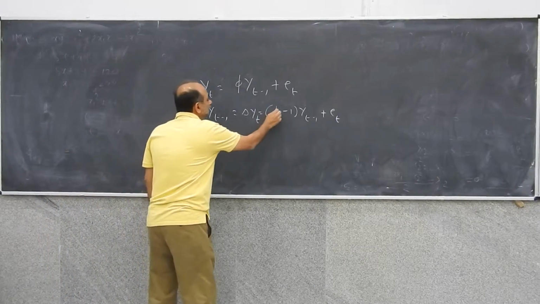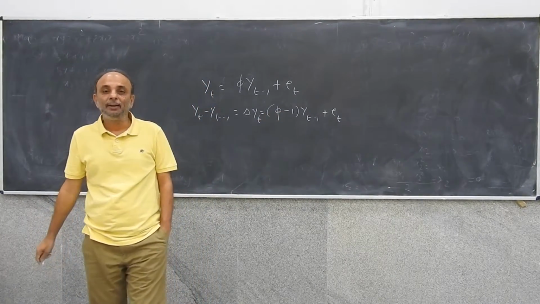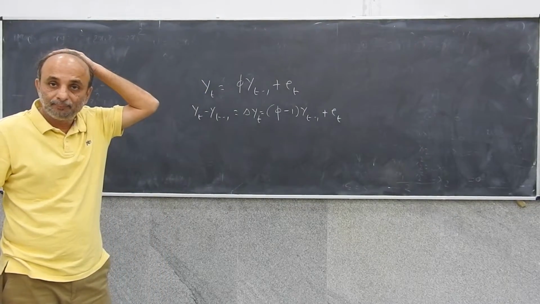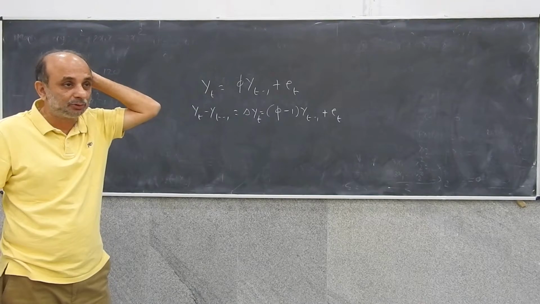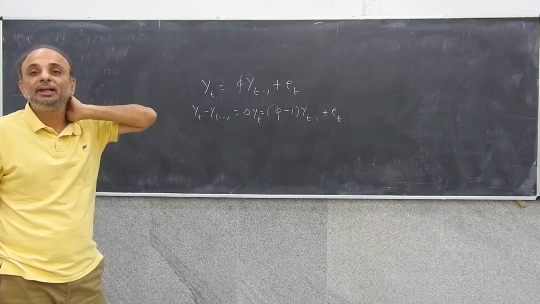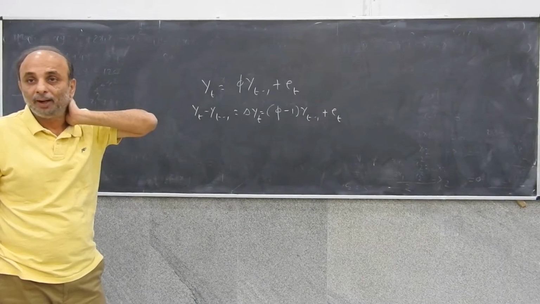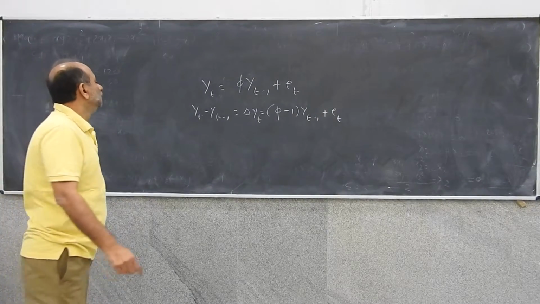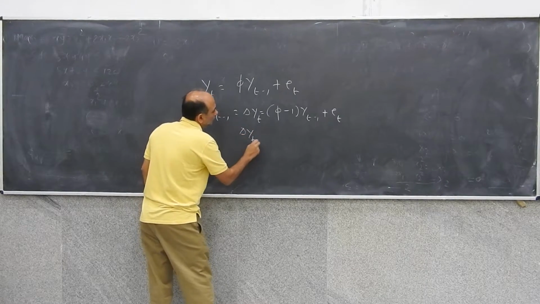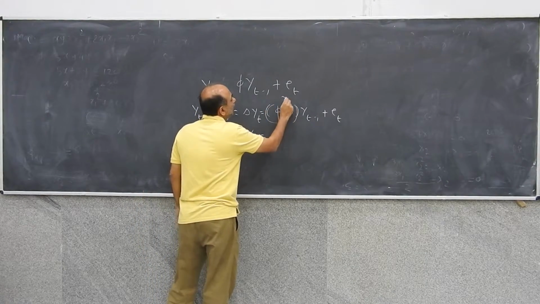Everybody sees why this can be written like this. Phi minus 1 yt minus 1, we have separated yt minus 1 from both sides. Right? So phi minus 1 will come out common, yt minus 1 will come out common, and what I'll have is phi minus 1. Call this quantity gamma.